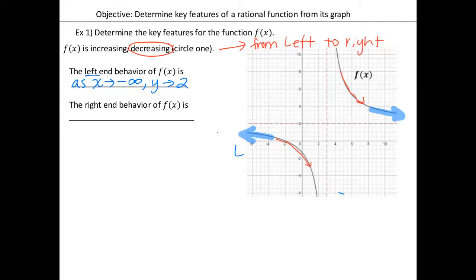Likewise, on the other side, this side over here is the right side. As it goes to the right forever, it's getting closer and closer to this dashed line, and that dashed line right there is 2 again. So we would say as x approaches positive infinity, y also approaches 2.